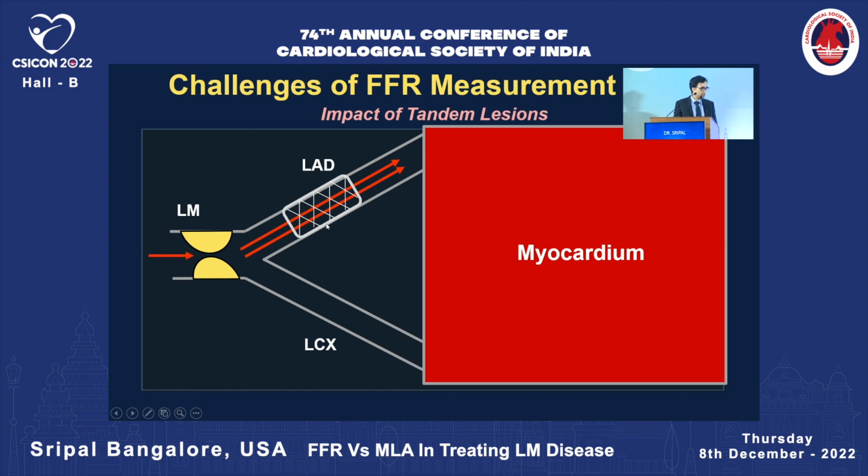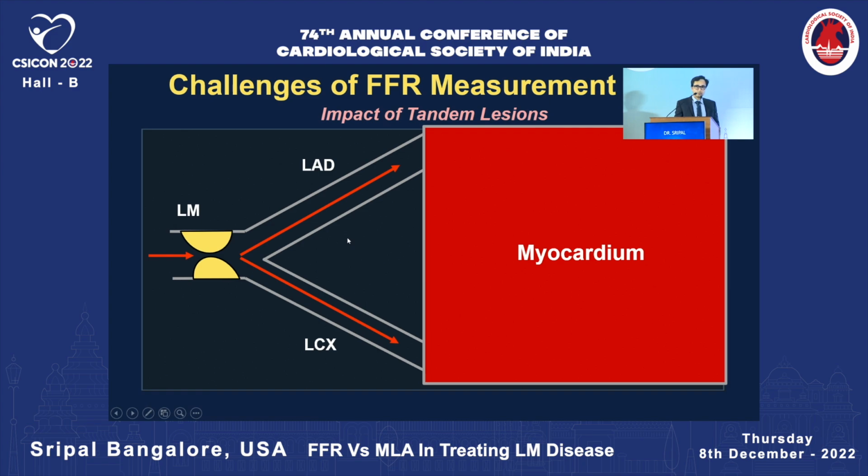For example, graphically putting in a stent here and you remeasure it. What this does is it increases the flow across this lesion and can unmask a falsely negative FFR. So here you can see that the FFR now is 0.79 because you're increasing the flow in the LAD and unmasking the severity of the left main lesion.